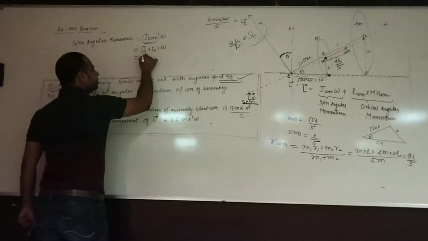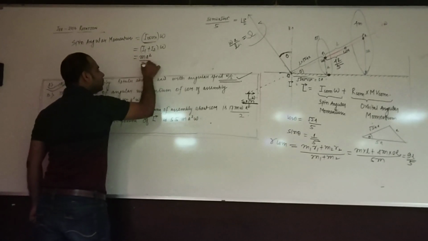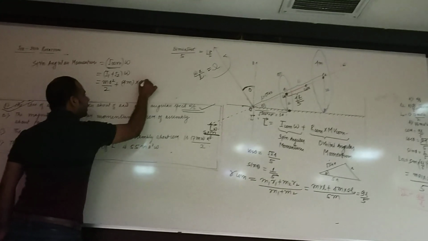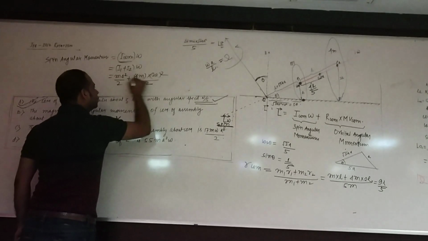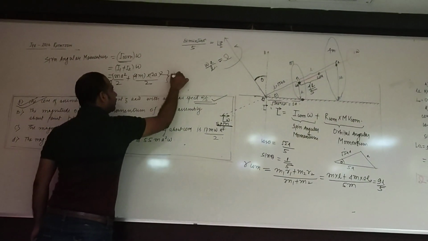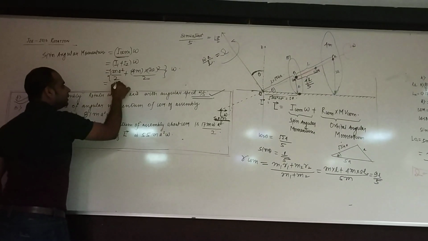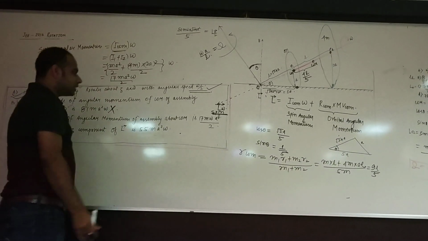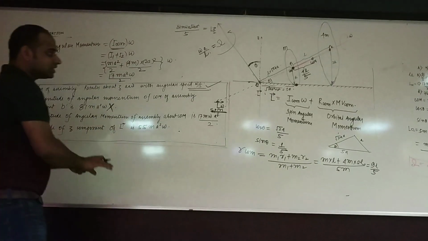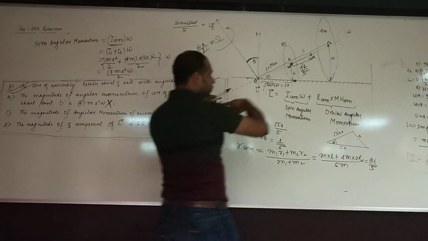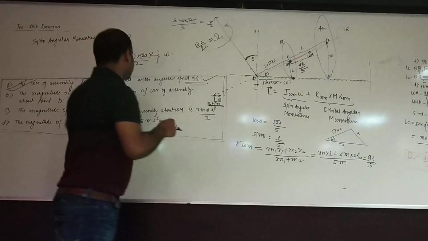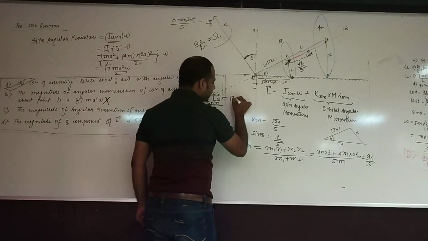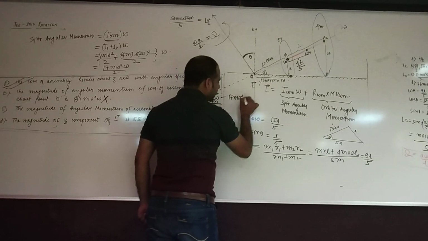So this becomes m a square upon 2 plus 4m into 2a square upon 2, whole multiplied by omega. This comes out to be 17m a square omega by 2, which correctly matches with the option given. So we have spin angular momentum about an axis passing through center of mass as 17m a square omega upon 2.